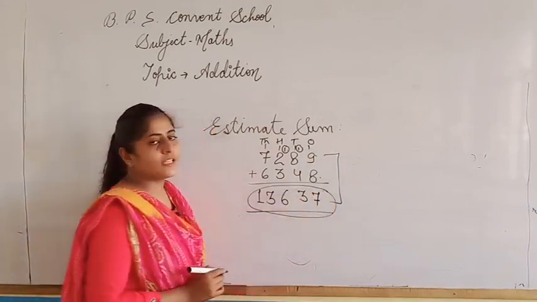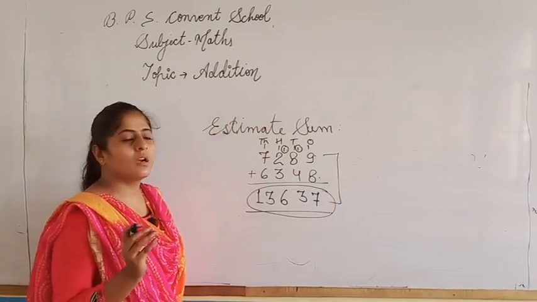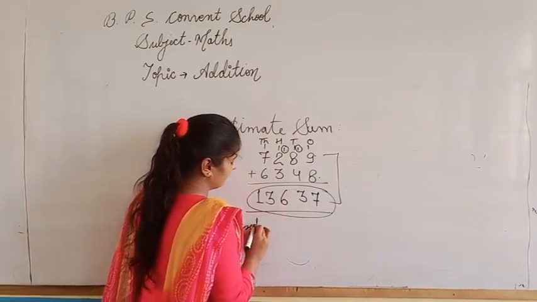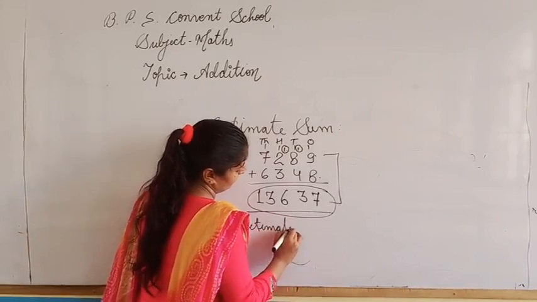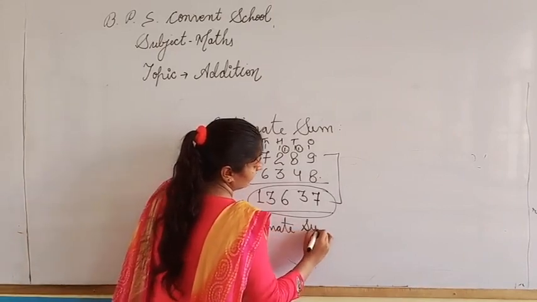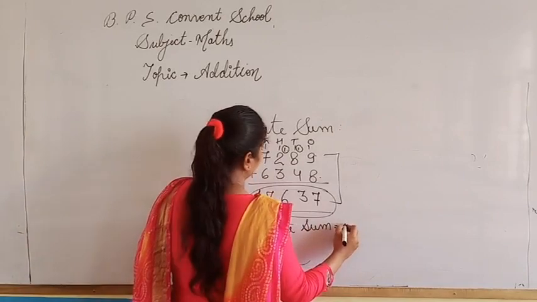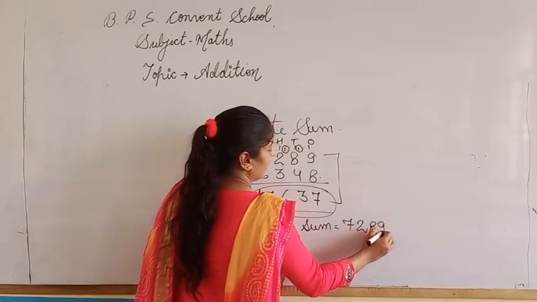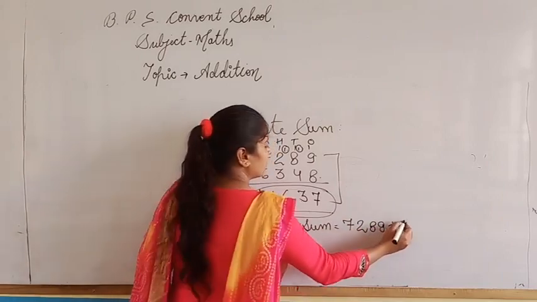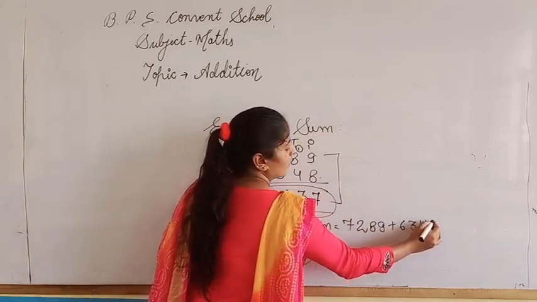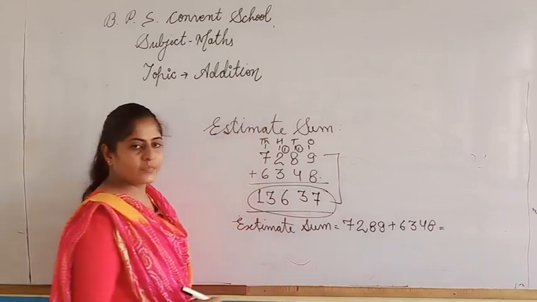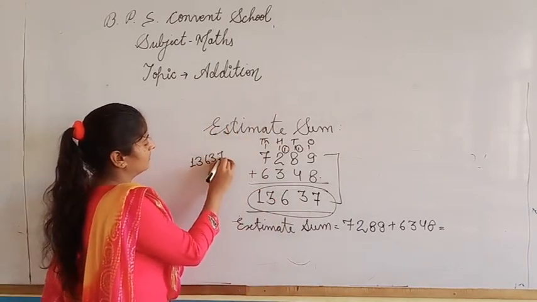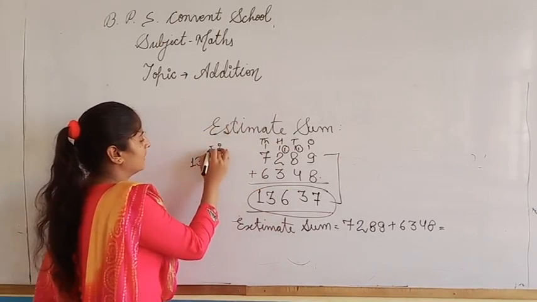Let's find the estimate sum to the nearest 100. Estimate sum of which digits? 7289 plus 6348. Sum is to the nearest 100.